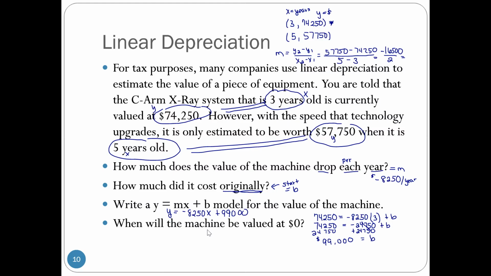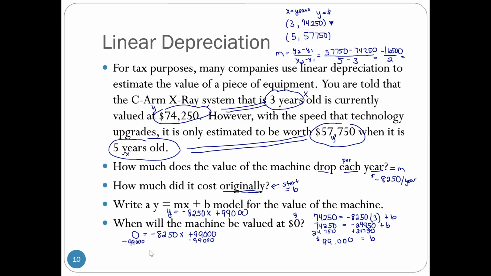And then it asks me, when will the machine be valued at $0? Well, that is a money, so that is a y, and so I'm going to put that into my formula for y. So 0 is equal to negative 8,250 x plus $99,000. And I do have a couple steps of algebra. I always have to undo this addition first, so I will subtract 99,000 from both sides.